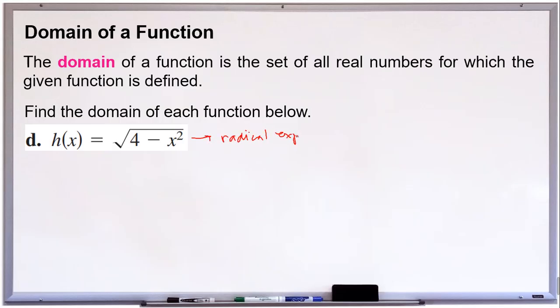a radical expression, especially if you're dealing with an even index, what you need to do is make sure that the radicand, or the expression inside the radical symbol, should not be less than 0.